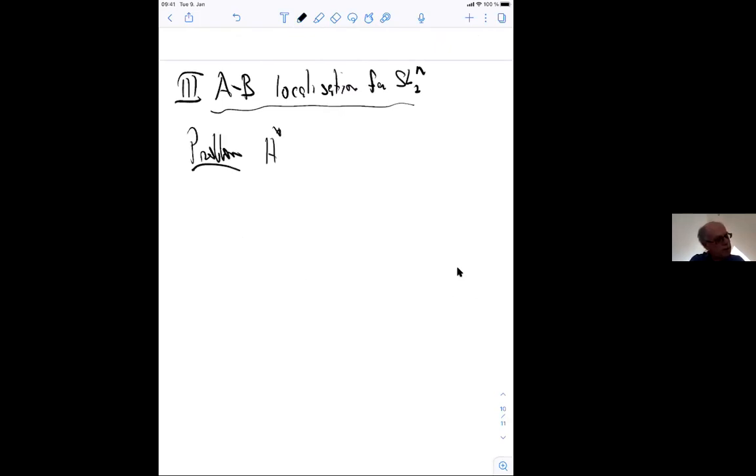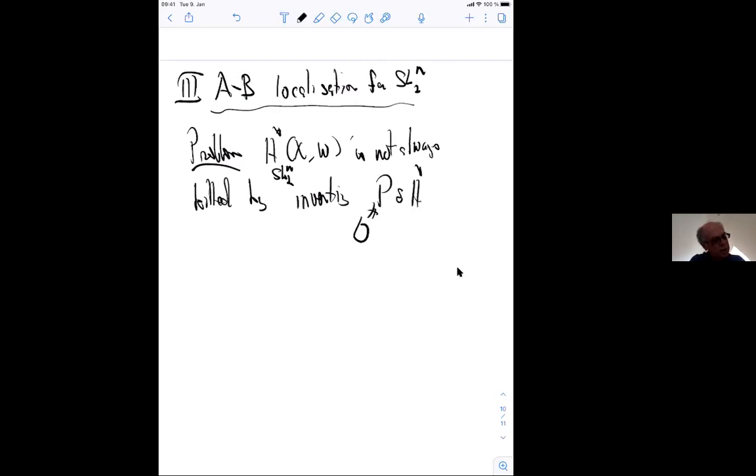The cohomology, even for n equals 1, is not always killed by inverting a p not equal to 0 in the cohomology of degree bigger than 1 of BSL2 to the n with W coefficients.